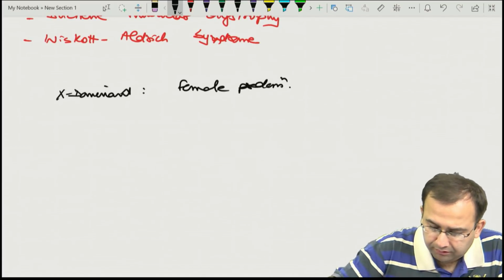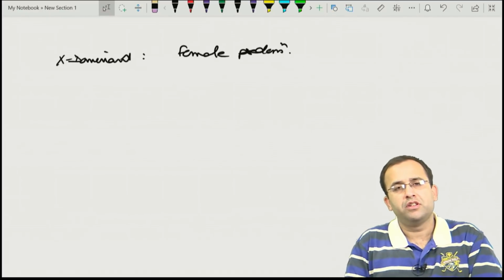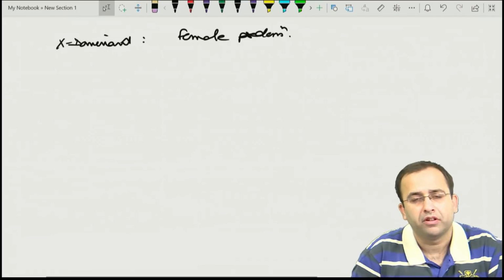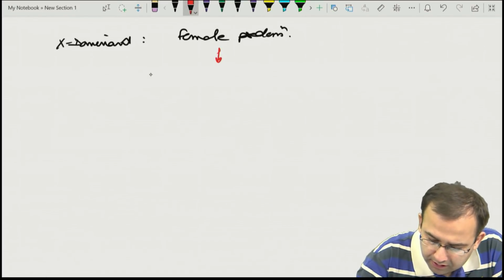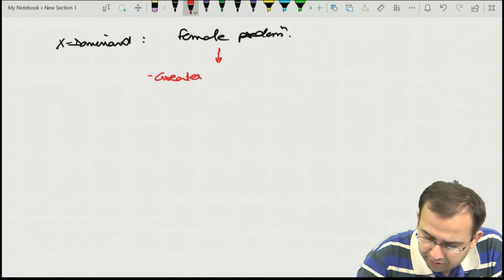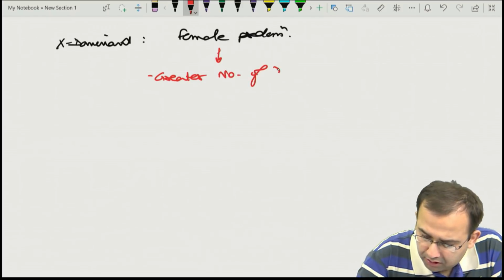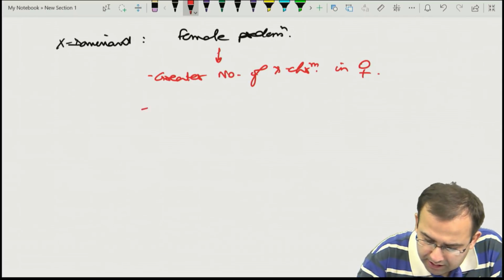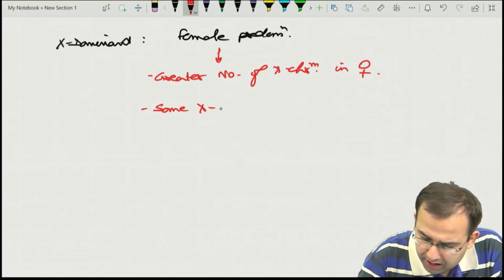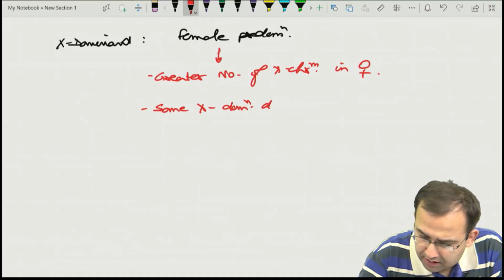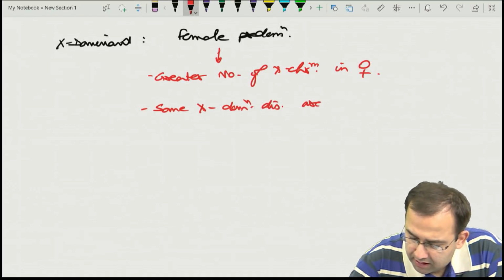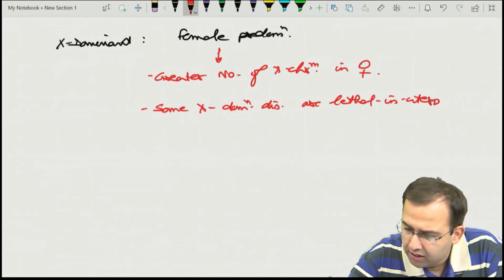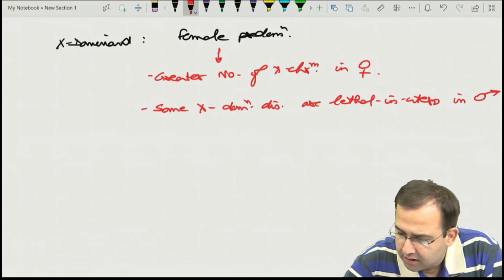There are two reasons for this. First is the greater number of X chromosomes in the female. And the second is that some X-linked dominant diseases are lethal in utero in males.